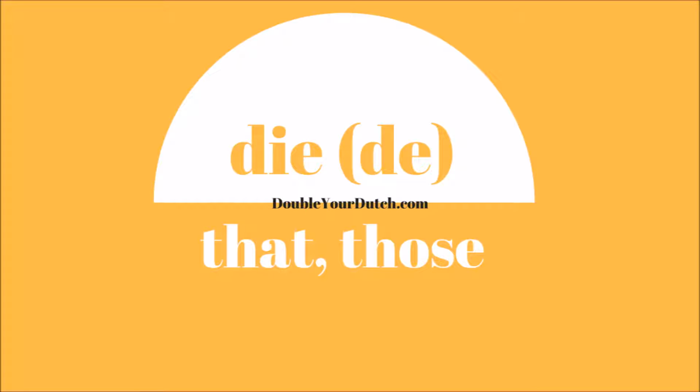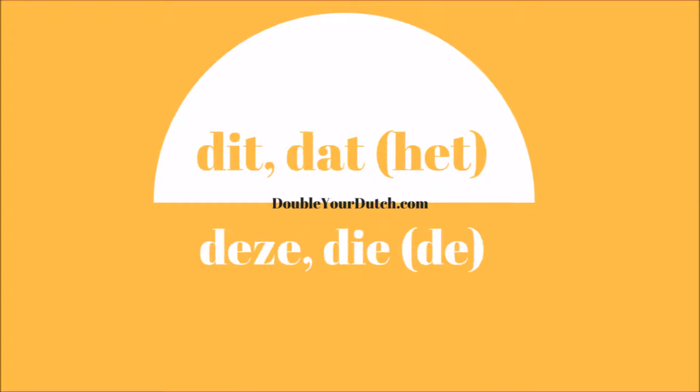Die is always those, plural, always, for all words, but for that singular, it depends on whether the word is linked to de. Right? So dit and dat are linked to het, and deze and die are linked to de. So depending on which gender the word has, you need to use one or the other.